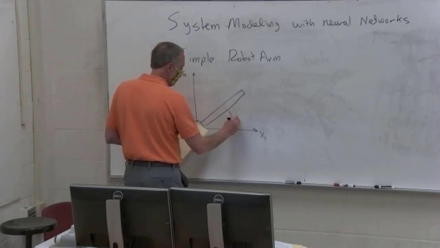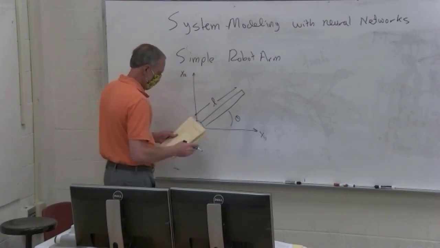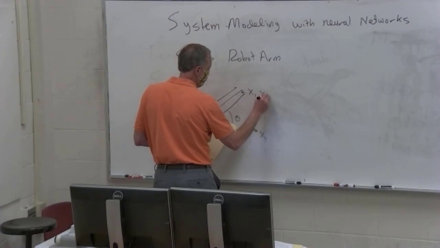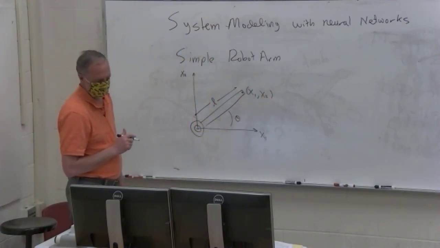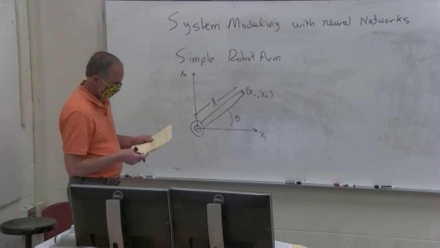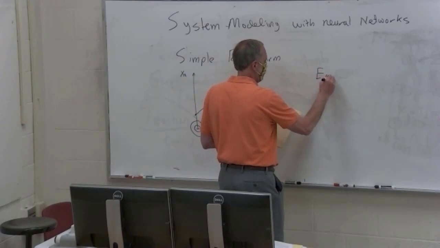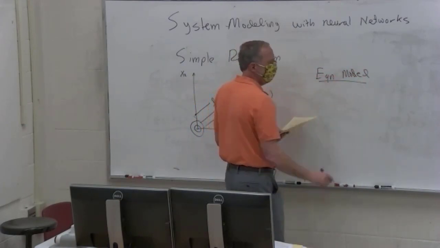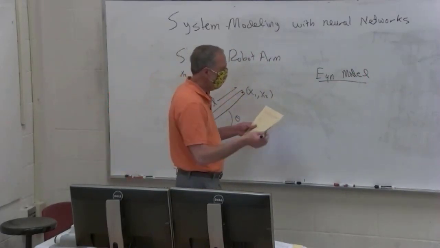This is an angle theta, and we'll track the position of the bar. So the equations for this are pretty simple. For this case, we probably wouldn't use a neural net, but I want to show you how we would.